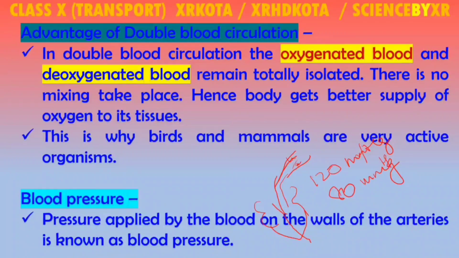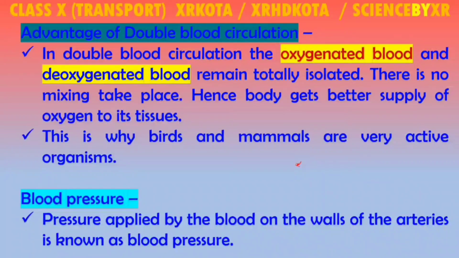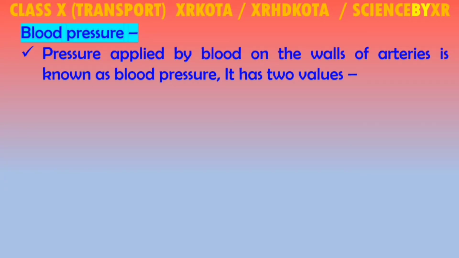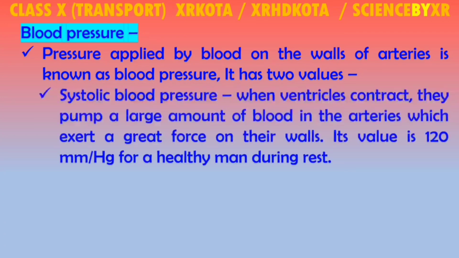So the pressure applied by the blood on the walls of arteries is called blood pressure, and it has two values. The greater value is called systolic blood pressure, and the second is diastolic blood pressure. So what is systolic blood pressure?